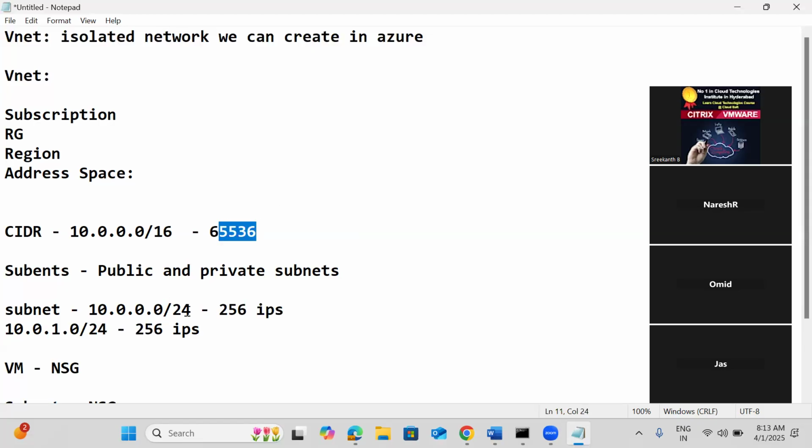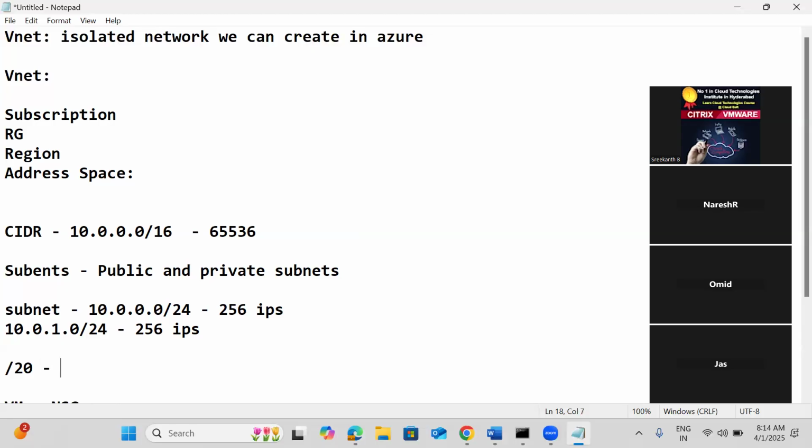If I use /24, 2 to the power of 32 minus 24 gives us 2 to the power of 8. That's 256 IPs. Okay. If I use /20, 32 minus 20 is 12, so 2 to the power of 12.